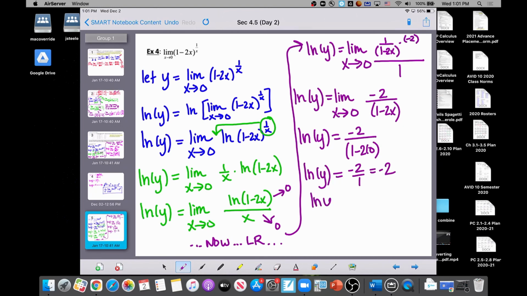So if natural log of y is equal to negative 2, then e to the ln y is equal to e to the negative 2, and y, which is the answer to our limit, is equal to e to the negative 2 power, or 1 over e squared. So the answer to our limit is 1 over e squared.